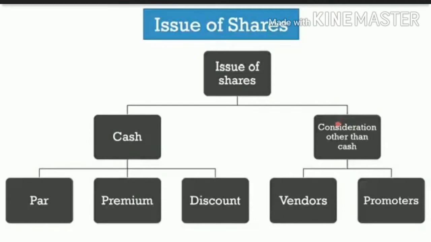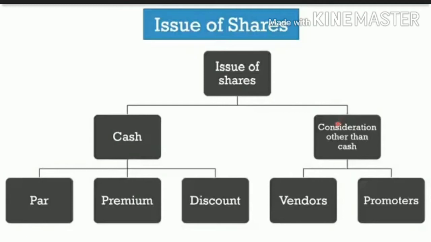Issued share is a term of law and finance for the number of shares of a corporation which have been allocated and are subsequently held by shareholders. The act of creating new issued shares is called issuance, allocation, or allotment.